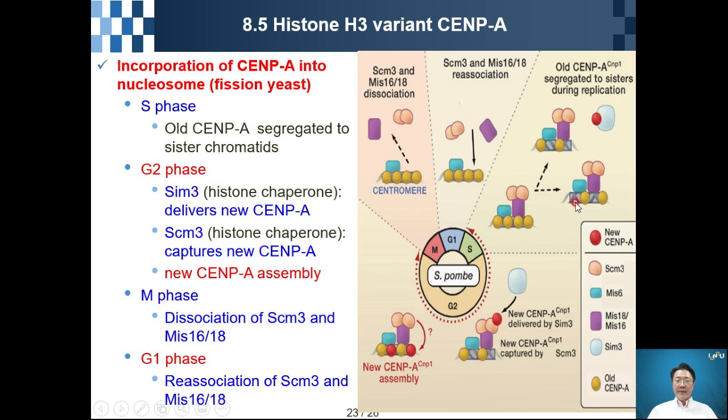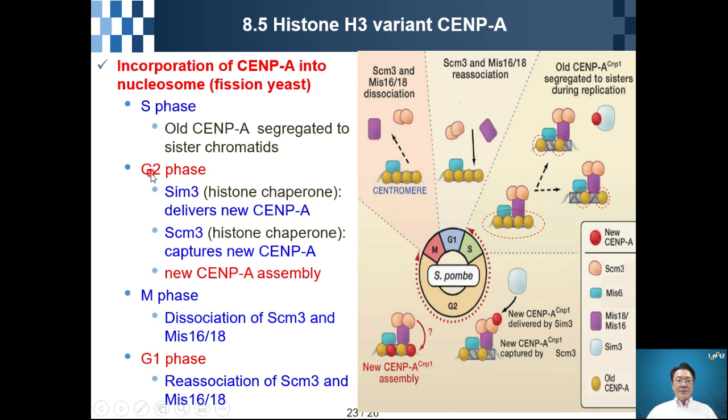During that time, this is the nucleosome containing all the CENP-A. The nucleosomes containing CENP-A are segregated to the sister chromatids like this. So this is the S phase.